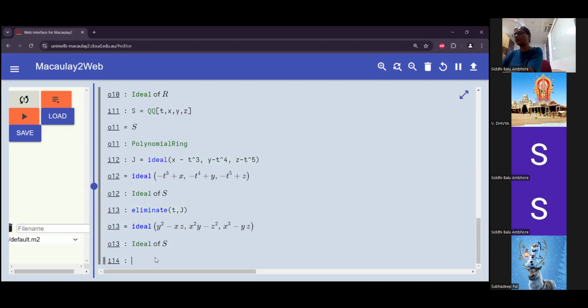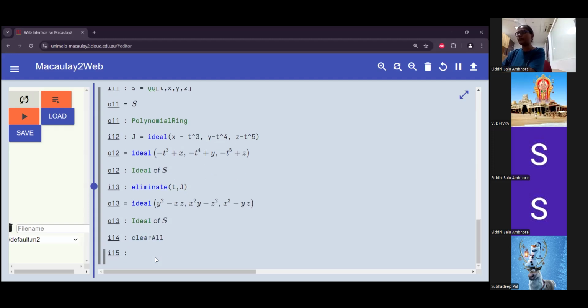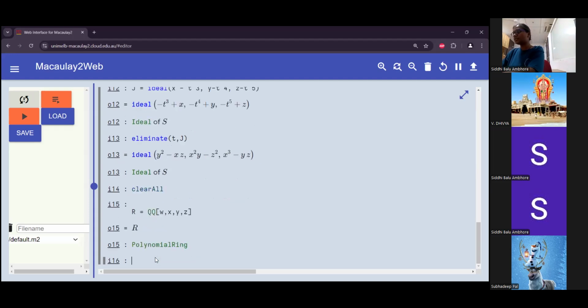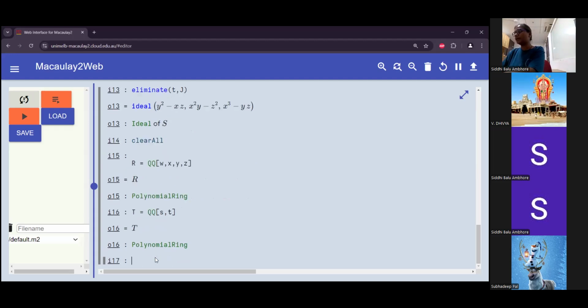And if you want, let me define this map in two variables where the codomain ring has two variables. Let me again clear everything to avoid overlapping of variables. And again, let me define this R to be QQ[w, x]. So I'm doing this to show you how things are done when we have to eliminate two variables from the ideal.